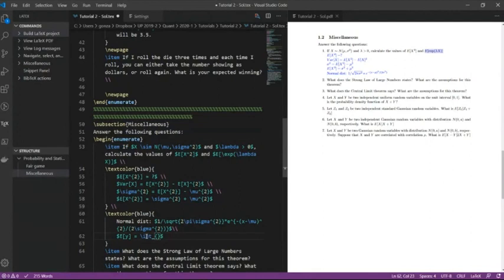Each function has a domain, right? So it has the lowest value that it can have and the greatest value that it can have. In the case of the normal distribution, it's minus infinity and plus infinity.